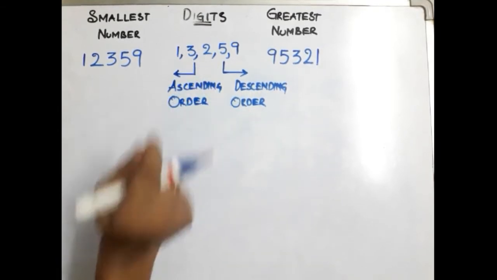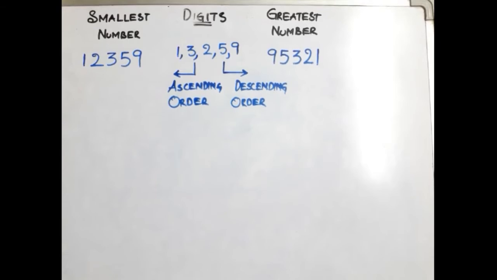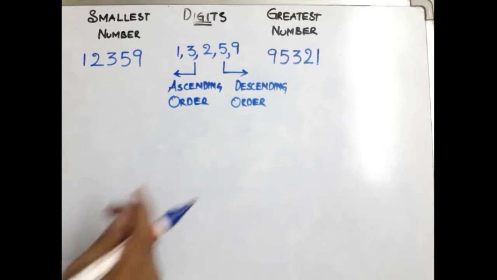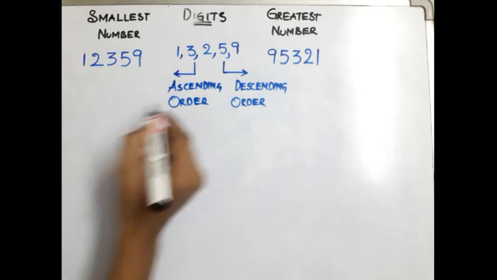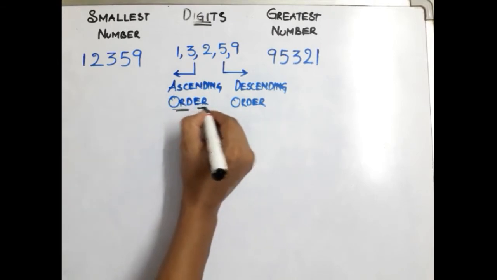This is the first type. Now I will give you another example which is of type 2. Please follow me carefully. Up to here we are done with the first method.